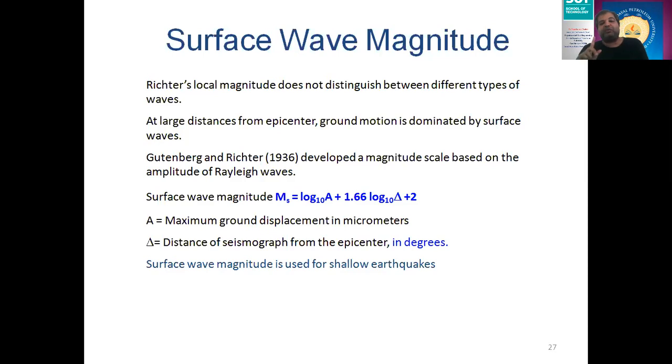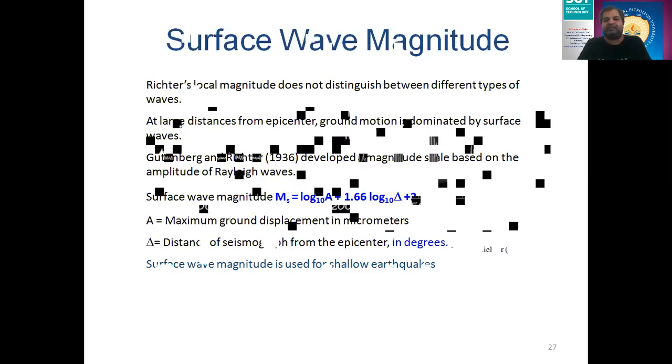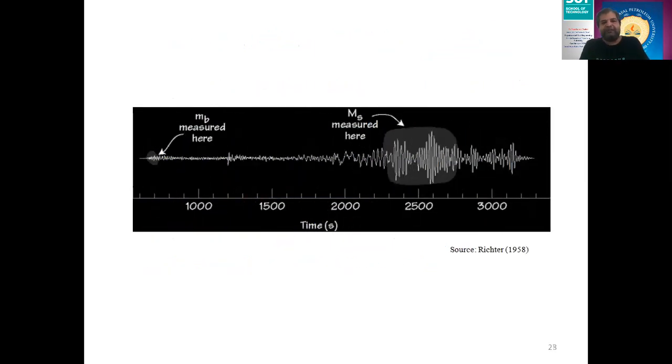The surface wave magnitude is used for shallow earthquakes, happening at a shallow depth between 10 and 70 kilometers. You can probably use the surface wave magnitude by putting the values into this equation. If you see the scale for each magnitude, here you can see the point where the P wave has arrived, where you measure the value of MB.